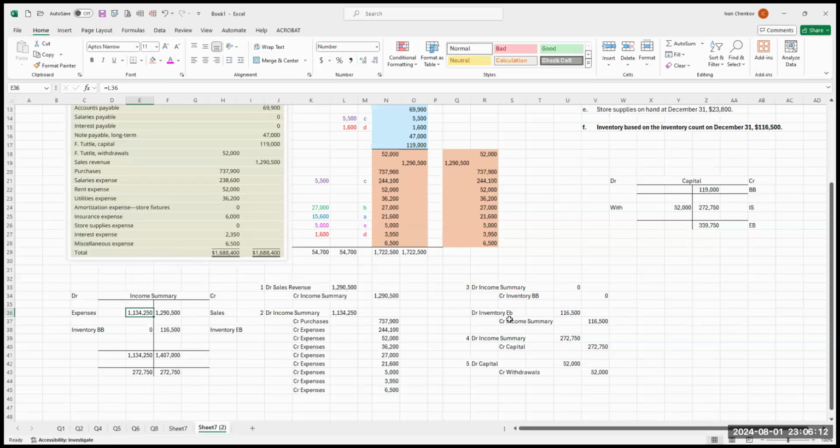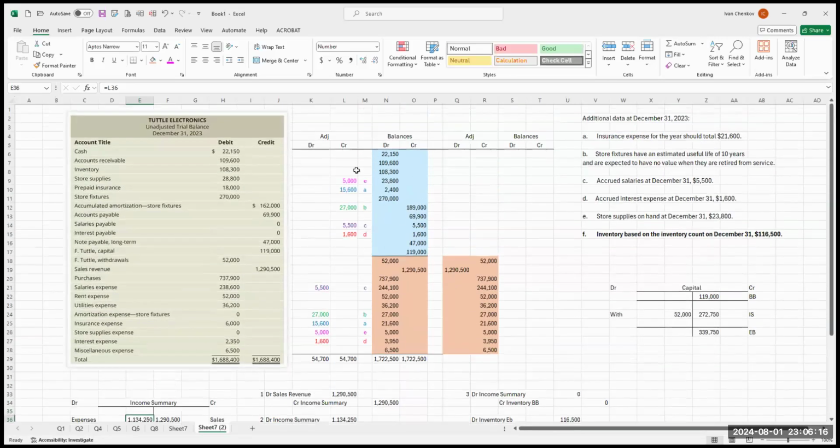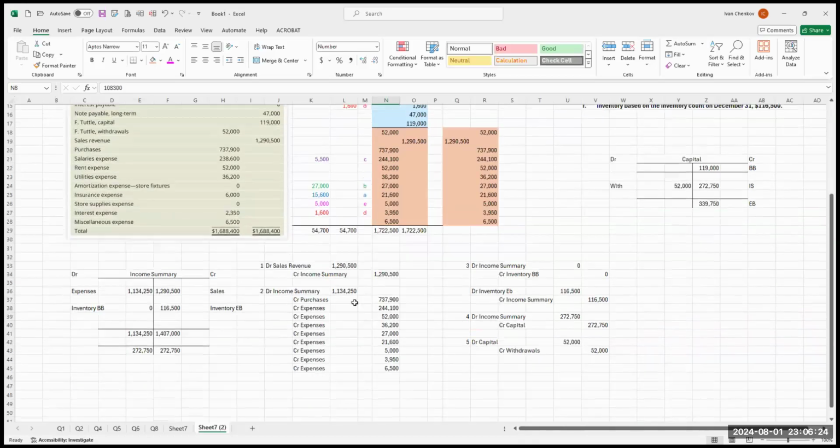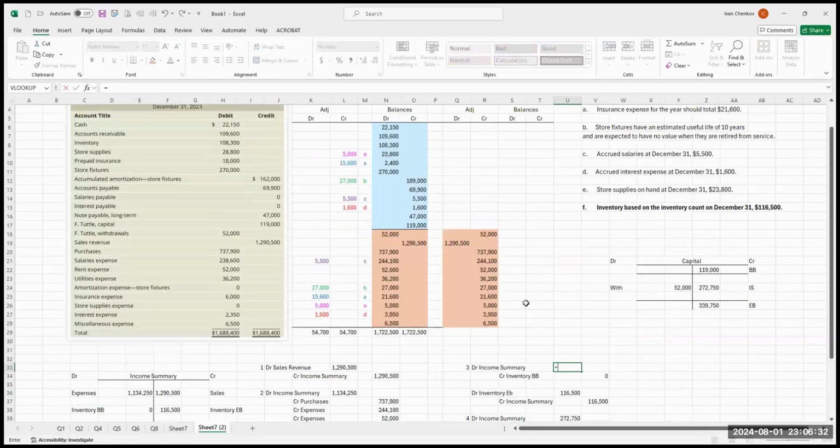The next thing we have to do is figure out where our inventory beginning balance is. Since we're doing the periodic system, we have to close the beginning balance first. So let's close it. Where can I close it? Obviously, I have to close it in the income summary account.